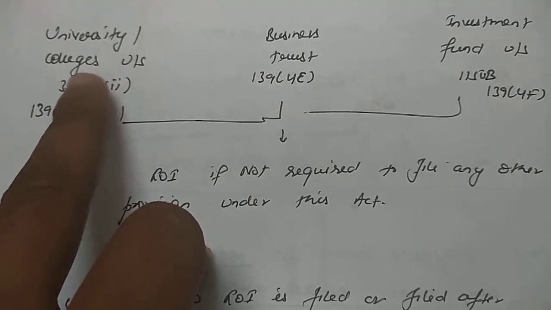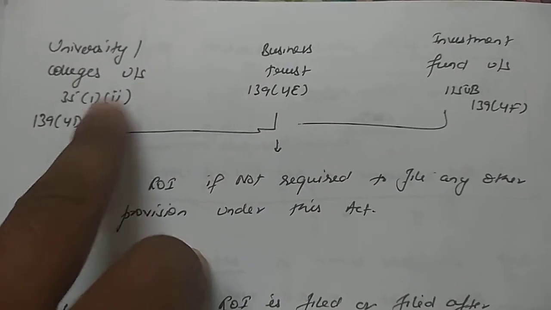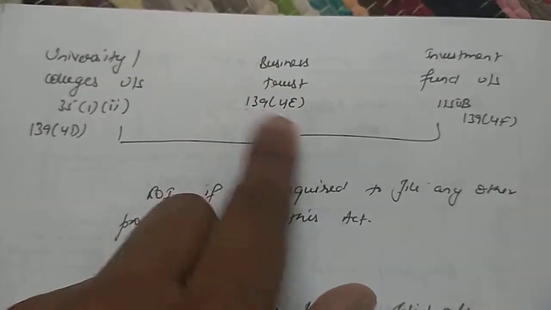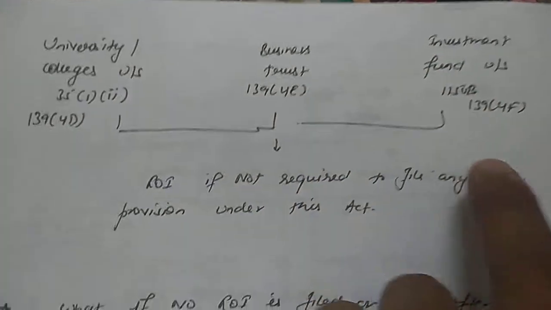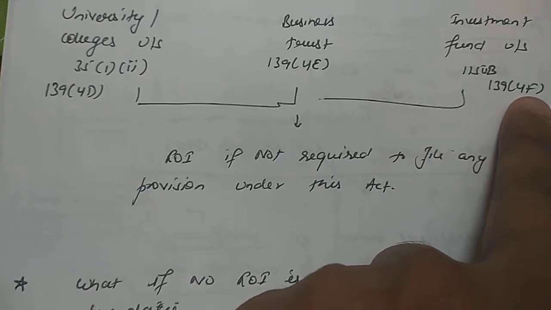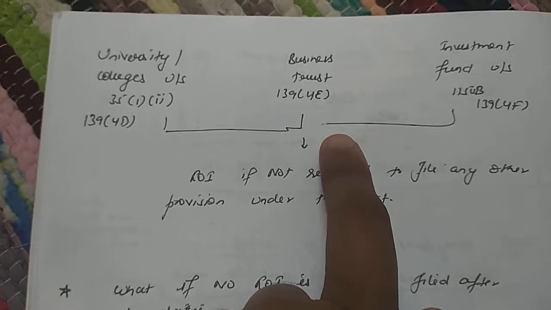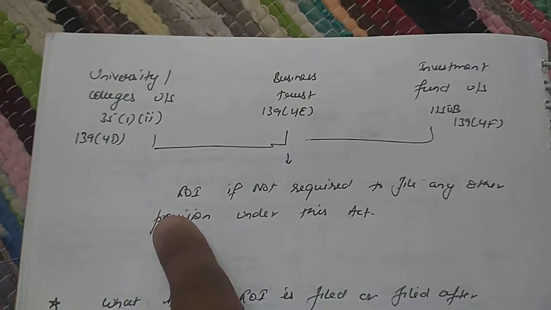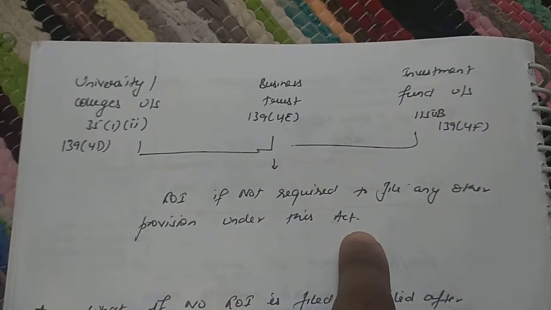If the taxpayer is a university or college under section 35(1) subclause 2, then under section 139(4)(d); a business trust under section 139(4)(e); and an investment fund under section 115UB, then under section 139(4)(f), if these persons are not required to file under any other provision of the Income Tax Act, they are required to file the return of income under this section.